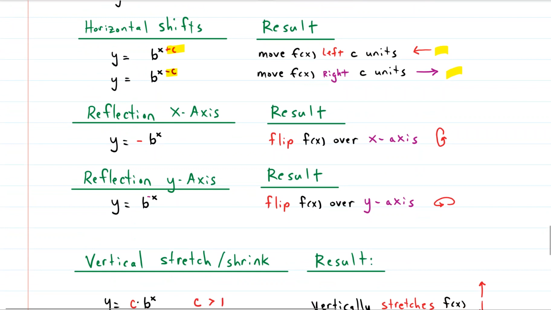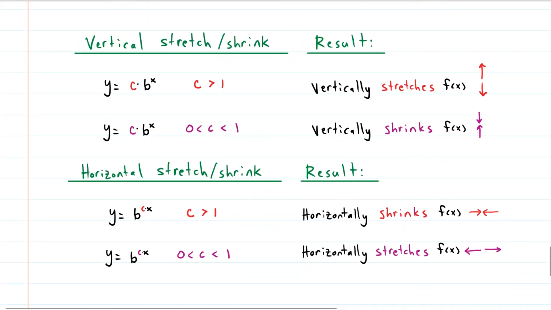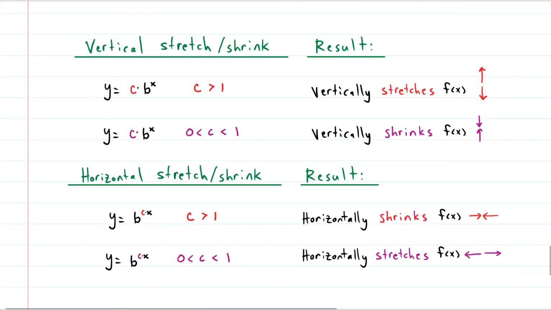You can also reflect about the x-axis or about the y-axis. If you flip it around the x-axis, you're multiplying by negative on the outside. And if you multiply by negative on the inside of the function, meaning up in the exponent, then you're flipping it over the y-axis. We also have vertical shrinks and stretches.